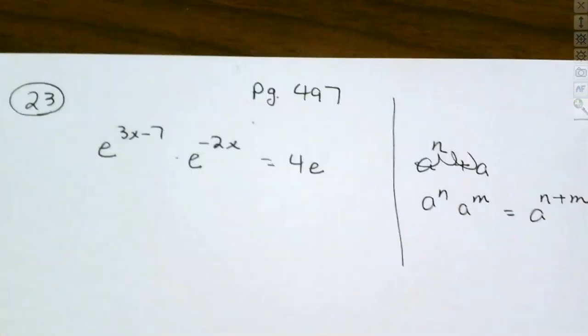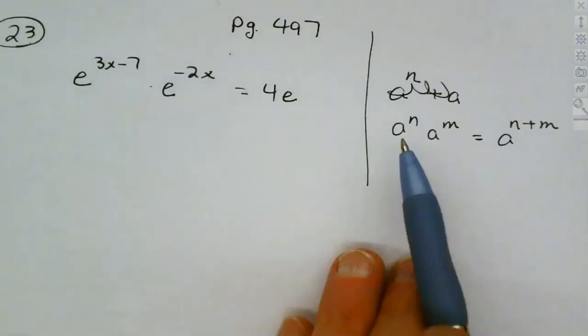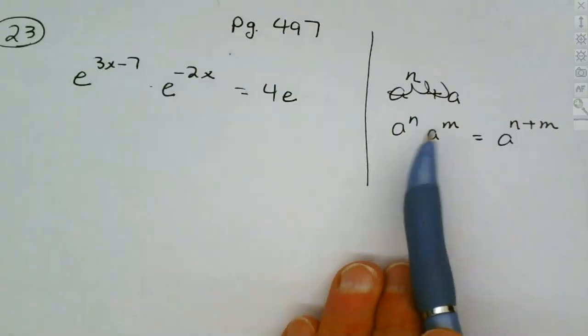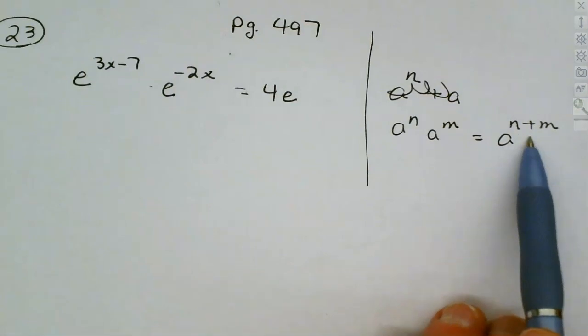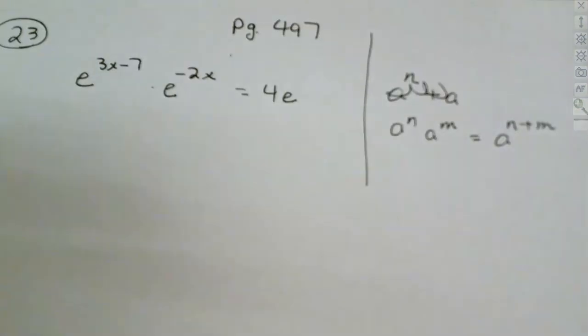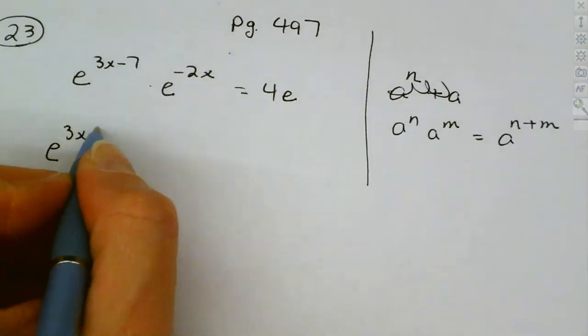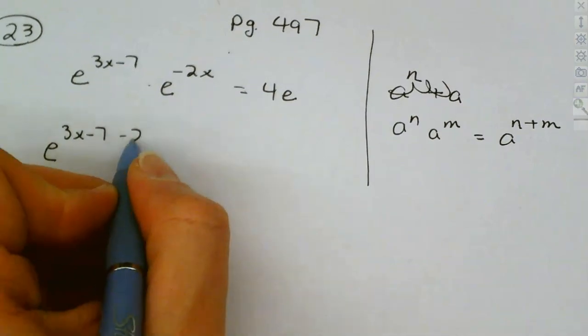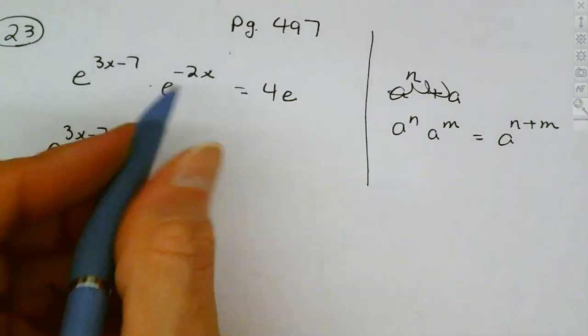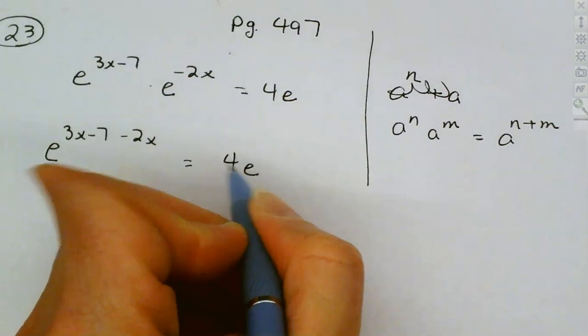Remember how that works? Because when you have multiplication and they're the same bases, what do the powers do? The powers are going to add. These happen to be the same bases. So that's going to be e to the 3x minus 7 minus 2x. And that still equals 4e.